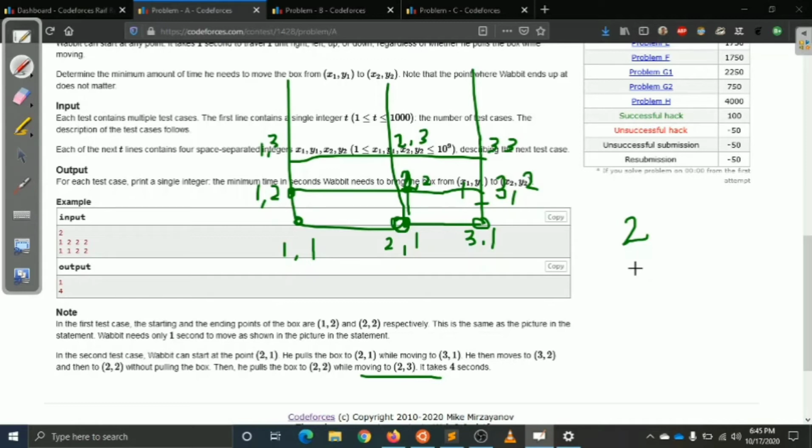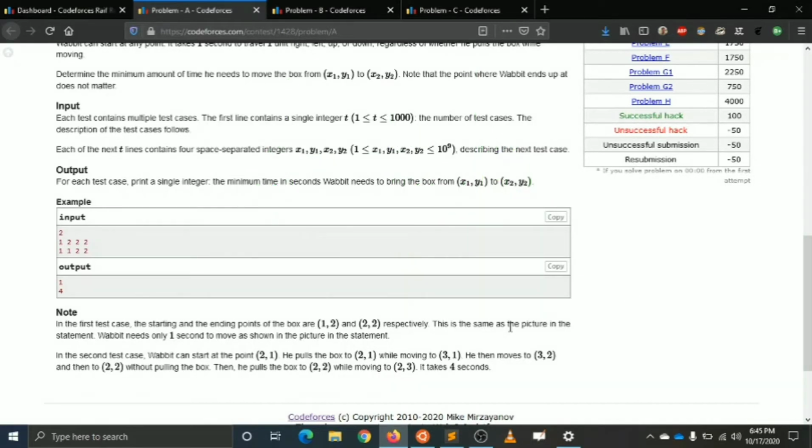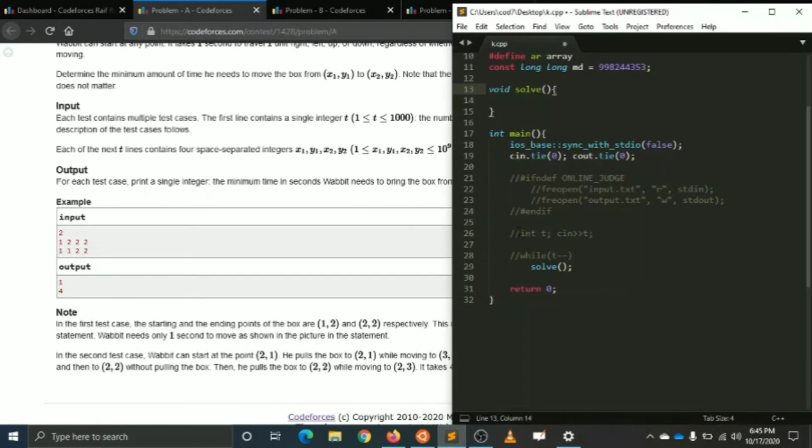I am doing all these things to get it correct in one go. So now it's time for code. Let's start doing the code.